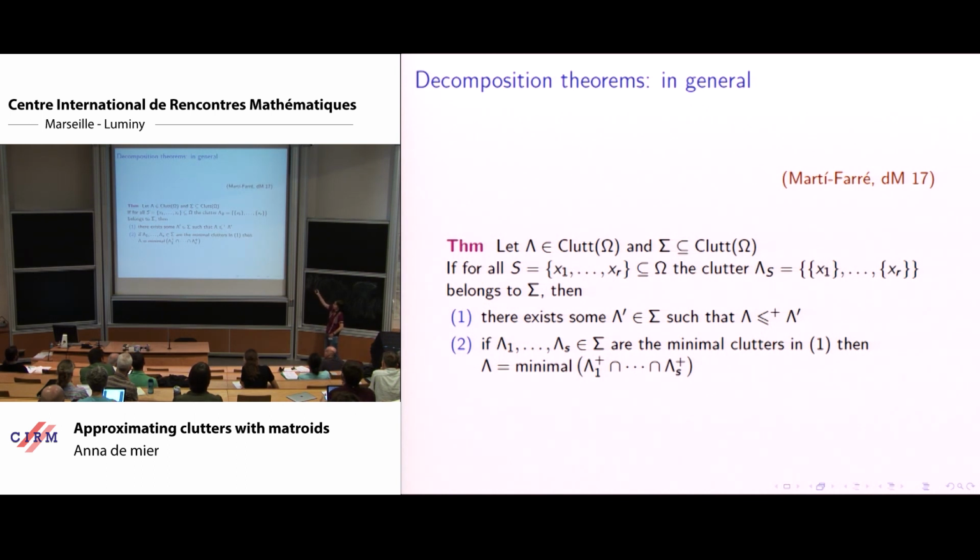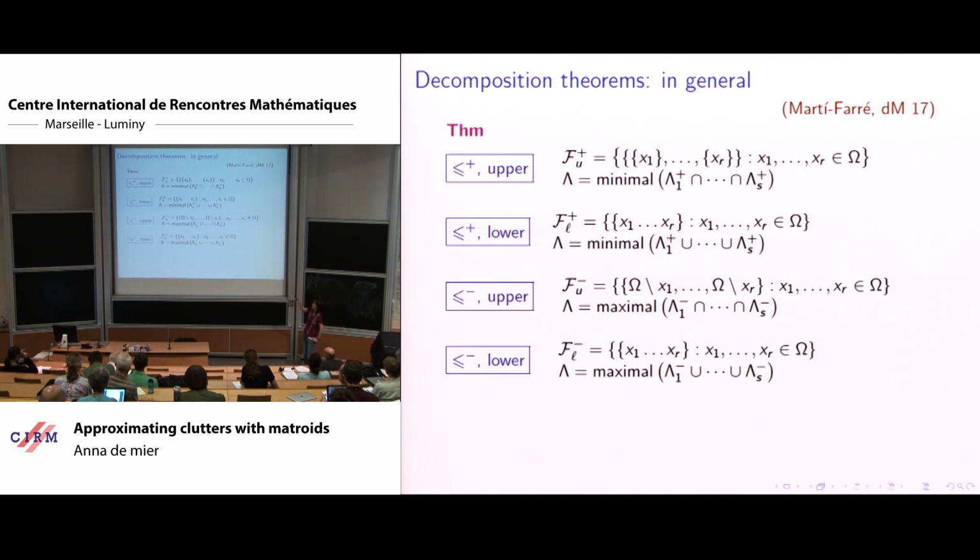The proof, even of the second case, is not very complicated. The first one is almost clear. It's very simple to see that this lambda prime above lambda exists, but these elements above lambda are the ones that give us the factorization. So basically, using blockers and complements, once one has one of the cases, all the others are immediate.